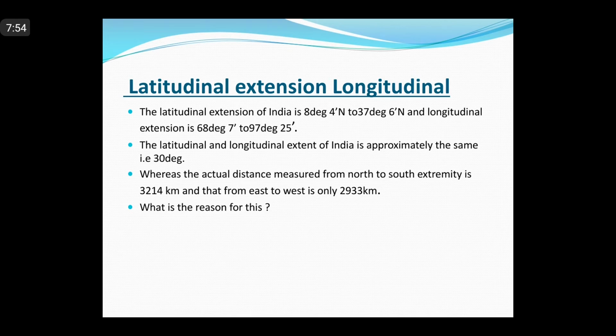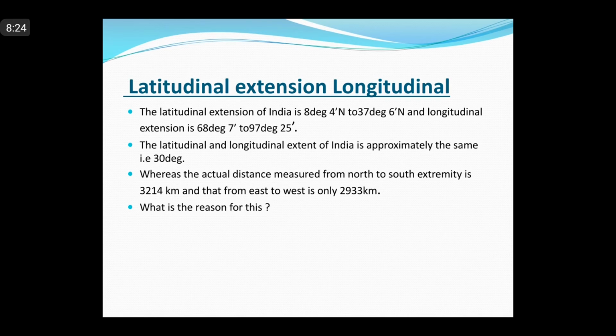Okay, so Arunachal Pradesh is towards the east, and it will definitely have sunrise about 2 hours before the sunrise at Saurashtra. So the sun is quite high in the sky at Arunachal Pradesh, while Saurashtra still waits for the first ray of the sun. Okay, so we have discussed the latitudinal longitudinal extent of India, how much it is.